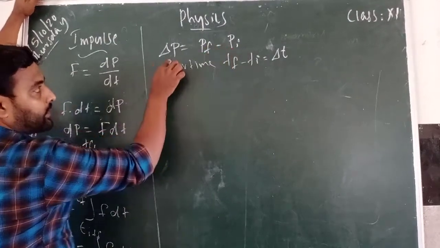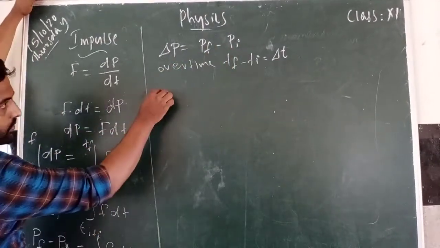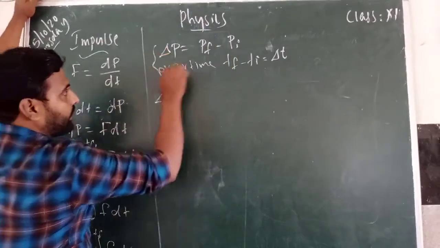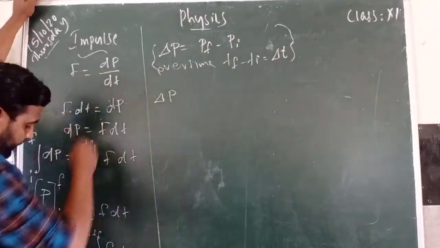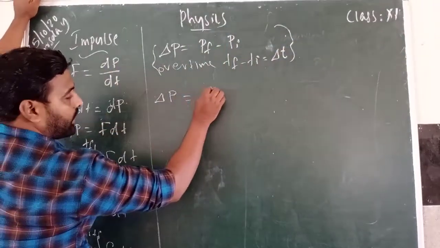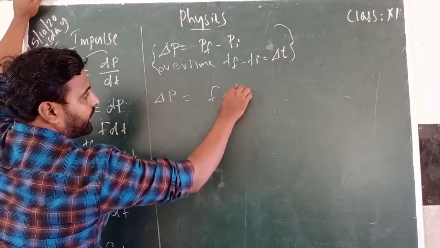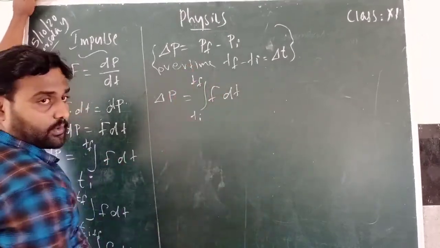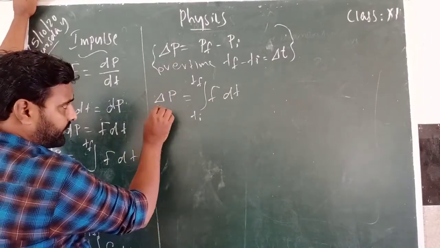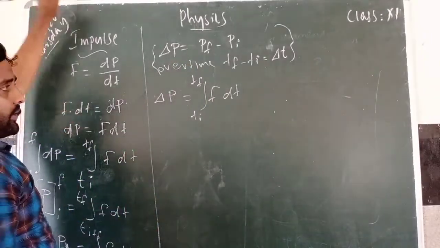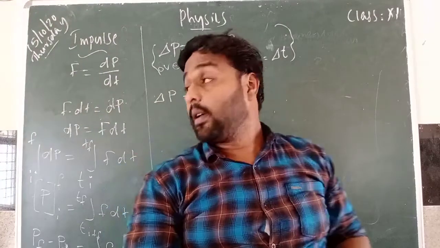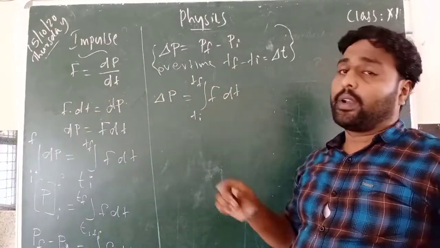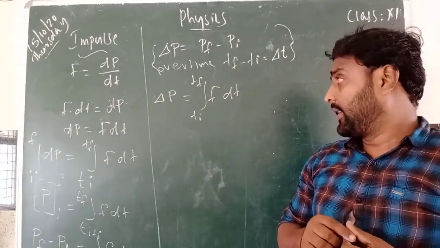Pf minus Pi means what? Delta P. So delta P is equal to the integral of F dt. This is the equation: delta P is equal to F into t.